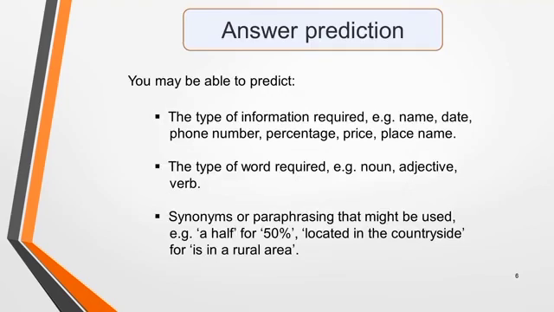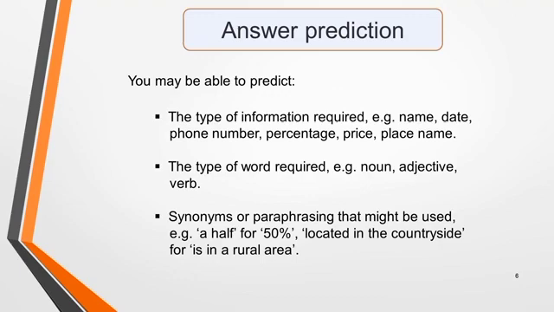To predict an answer is to say what type of word you think it will be, based on the evidence you have. That evidence will be in the question clues we've just been talking about and the information in the questions. We'll look at an example in a minute, but first here are some things that you may be able to predict.